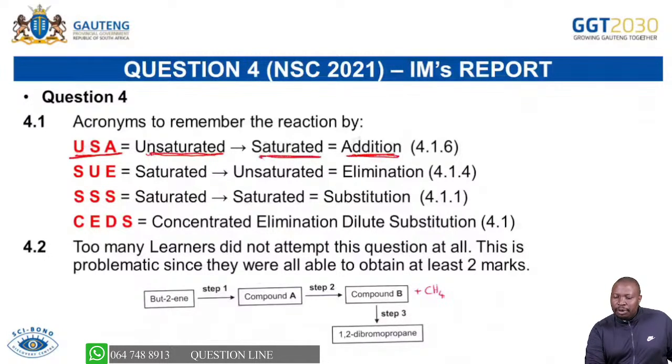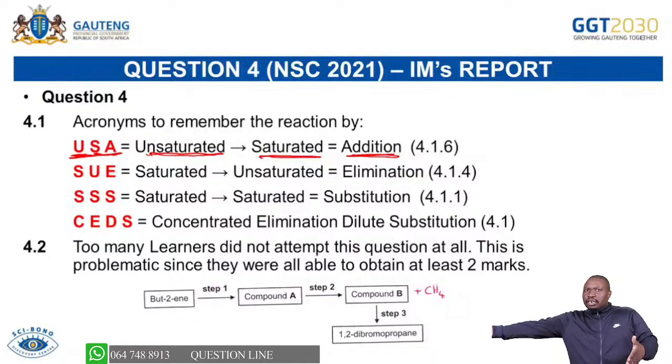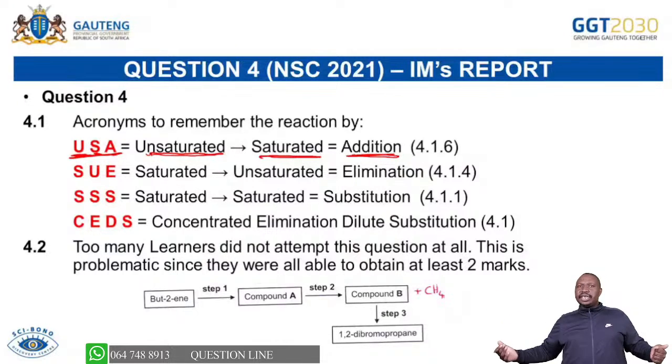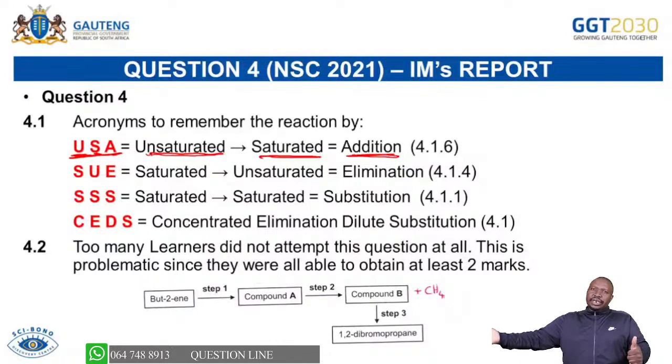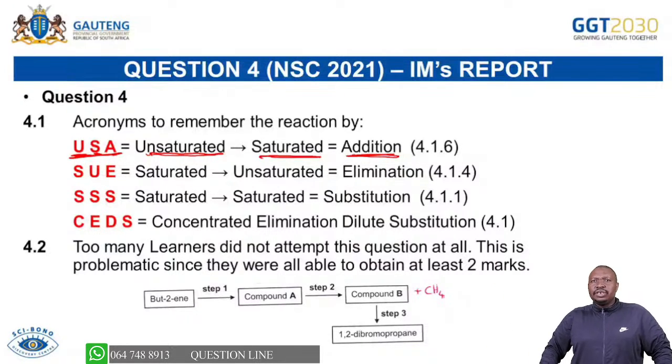So when you are having a double bond becoming a single bond, the reaction is called addition. You just look at that and ask, do we have a double bond? Yes. Is it becoming a single bond? Yes. That is addition. USA: unsaturated becoming saturated is addition. Please, let's not lose marks there. Let's collect maximum marks on this question.